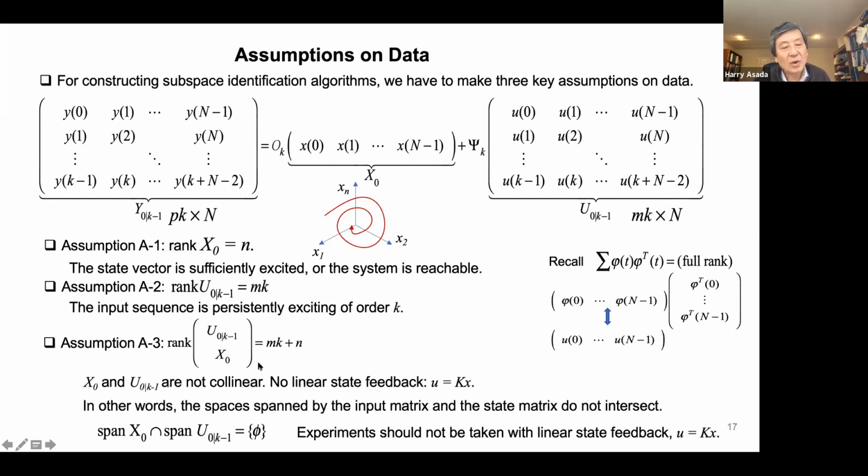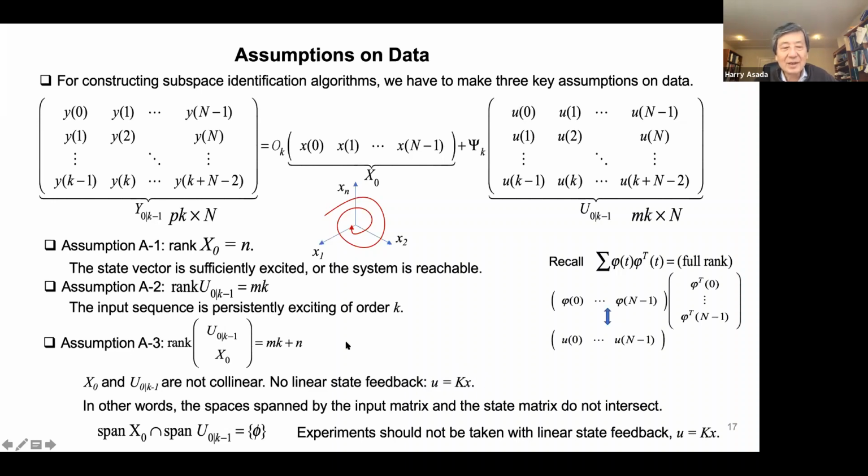So when this assumption is violated, one typical case is when you have some feedback control. The input U is created as a linear map of the state X, right? This is just a standard state feedback law.